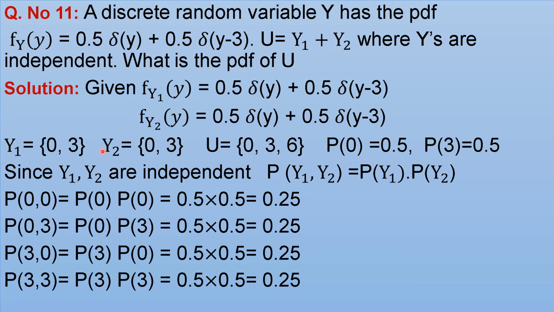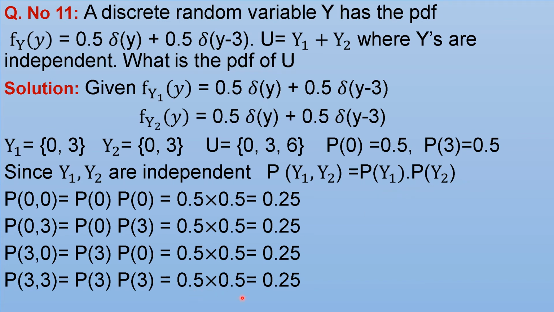The probability that y1 will be 3 and y2 is 0: p of 3, 0 will be p of 3 into p of 0, 0.5 into 0.5, again 0.25. The probability that y1 will be 3 and y2 will be 3: p of 3, 3, which is p of 3 into p of 3, 0.5 into 0.5, 0.25.